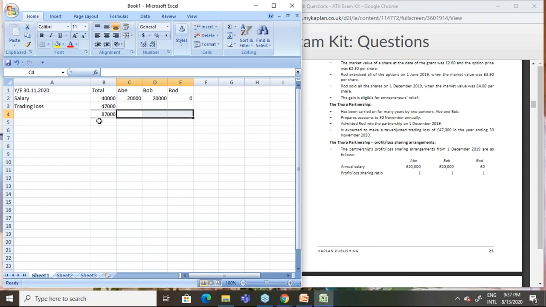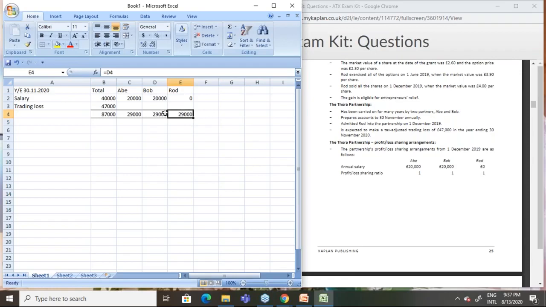So the total loss is 87,000. And this you have to share equally among the partners, 1:1:1, so divide by 3. So 29,000 is the loss here.